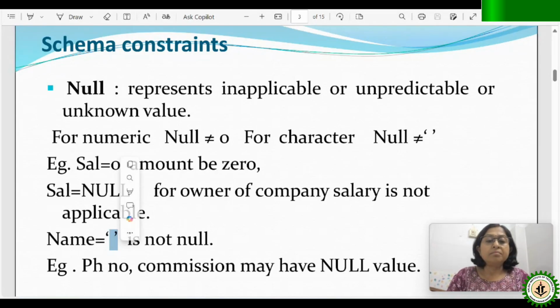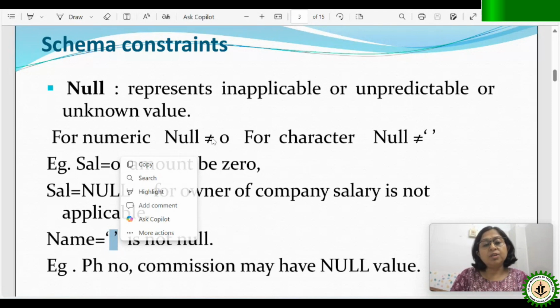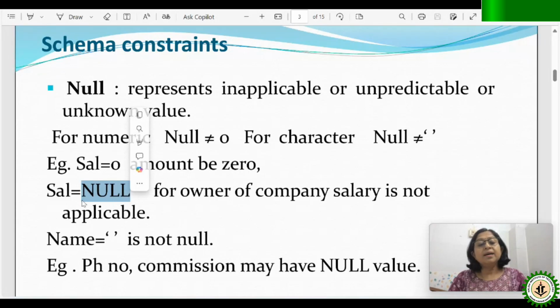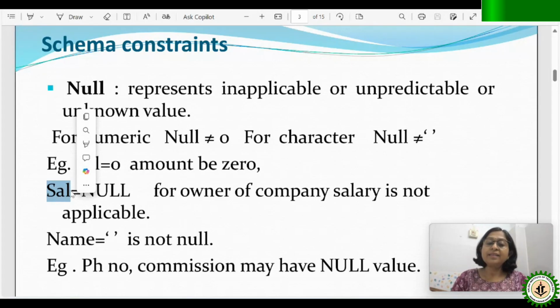And similarly, if I put sal as 0 and sal as null, both are different. When sal is 0, that means the amount of the salary is 0. It's a value. 0 is a value. But when I put null, I mean the salary component of that employee is null. That means for that company, the salary is not applicable, for example, for the owner of the company.